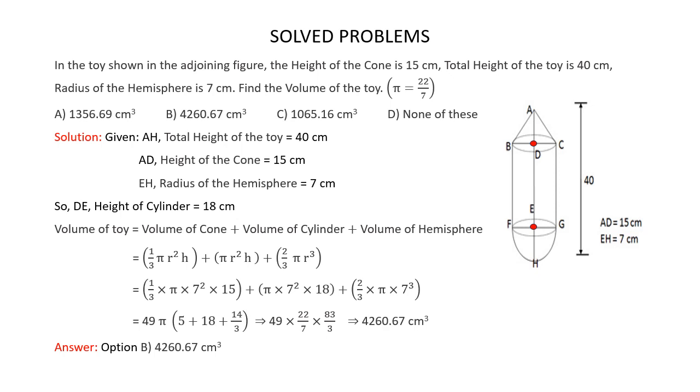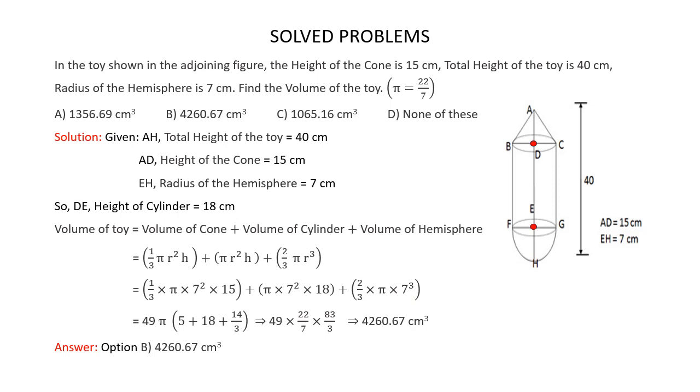So substituting the values here, we get volume of the toy is equal to 1 by 3 multiplied by pi multiplied by 7 squared multiplied by 15 plus pi multiplied by 7 squared multiplied by 18 plus 2 by 3 multiplied by pi multiplied by 7 cubed.